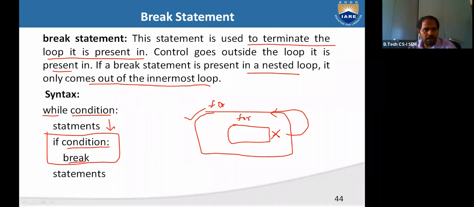Present in a nested loop, it only comes out of the innermost loop. Right. So this is the condition. So in addition to this condition, the loop also breaks. We have seen one example on this also. Once the if condition fails, in addition, the loop also fails.